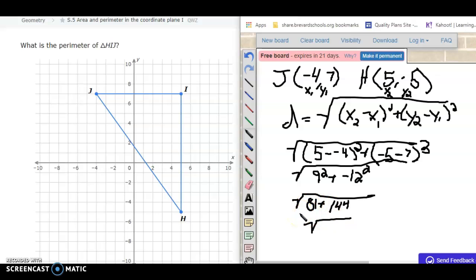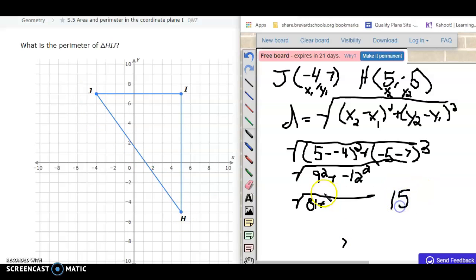So 81 plus 144 equals 225. The last step is to take the square root of that. The square root of 225 is 15. So my length disappeared on me, but from here to here is 15.